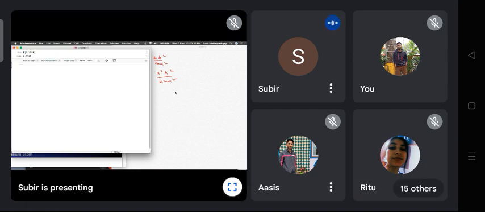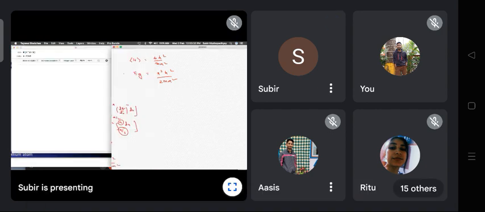It is 4.9348 h bar square by m. And this one is then 6 h bar square. This is the error because of the approximation that we have. Instead of 4.93, we are getting 6.